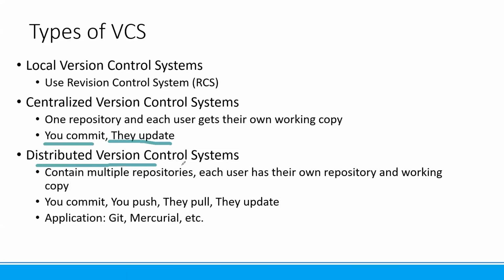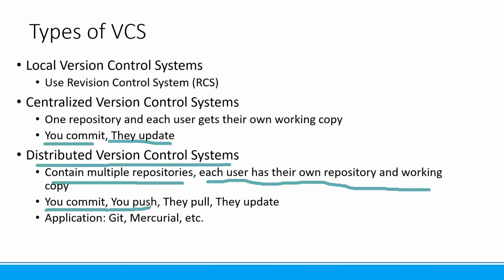The term distributed version control system means it contains multiple repositories. Each user has their own repository and working copy. So you can commit, you can push, they can pull, they can update, and so on. So it means it is distributed.